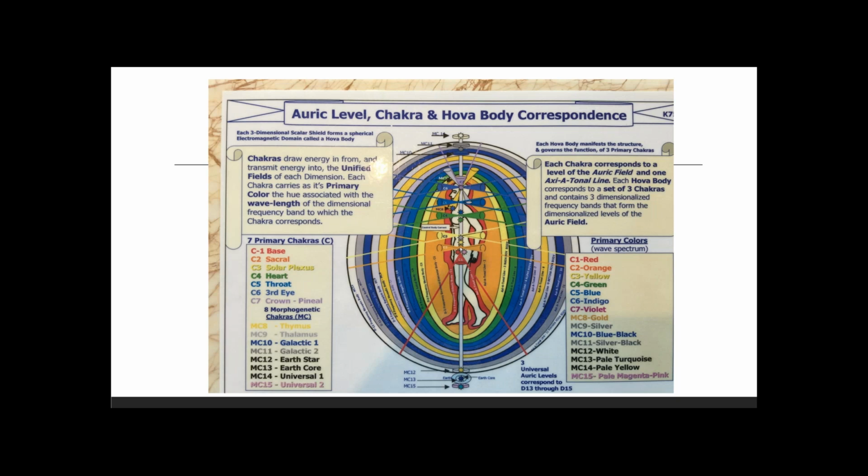So if this is closed, you're probably going to have problems manifesting material wealth in the 3D. If your third chakra is blocked right here, then you'll probably have issues with self-power and self-esteem. If your heart chakra is blocked, you may have problems with love, self-love, relationships, trust issues, betrayal, rejection.